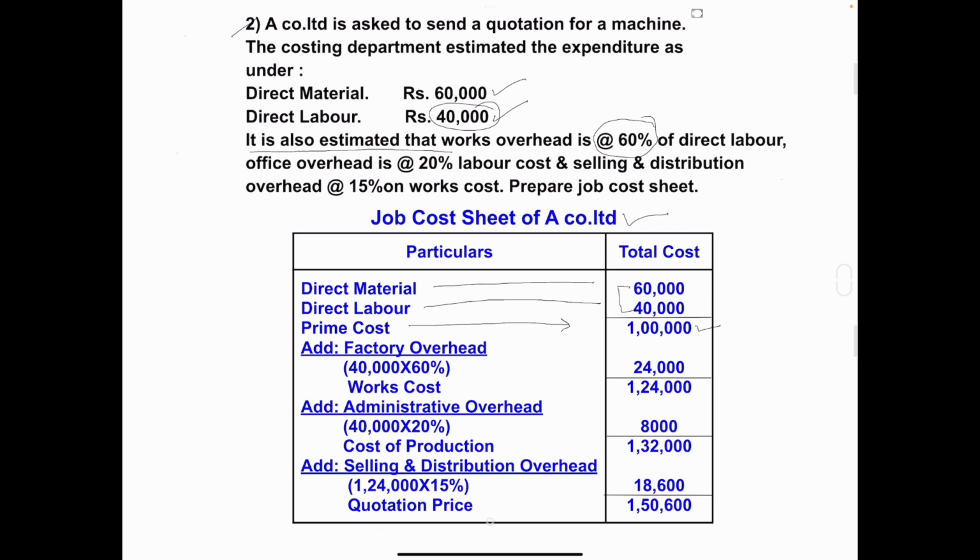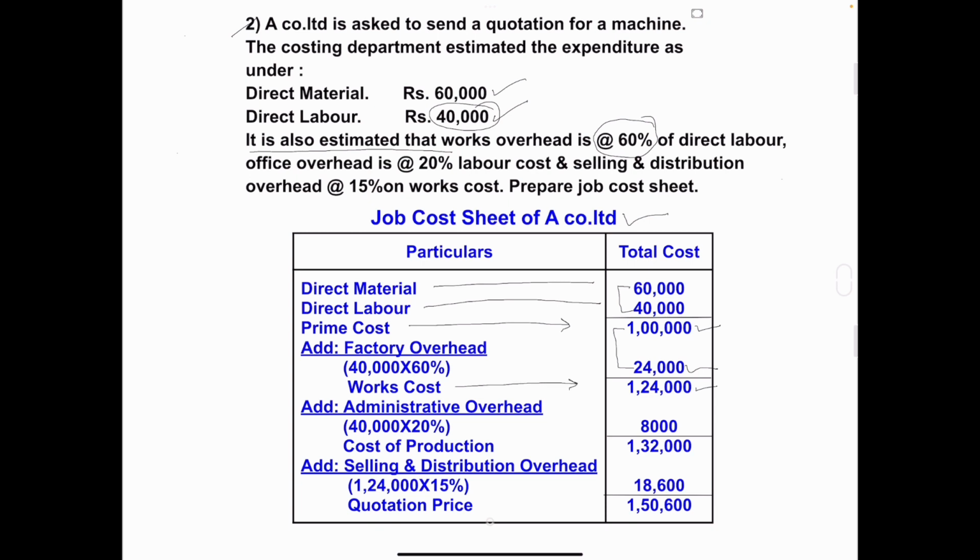Come to solution part. Add factory overhead in bracket 40,000. 40,000 is direct labor amount into 60%. We will get 24,000. Add these two. And the total is 1,24,000. This is called works cost.